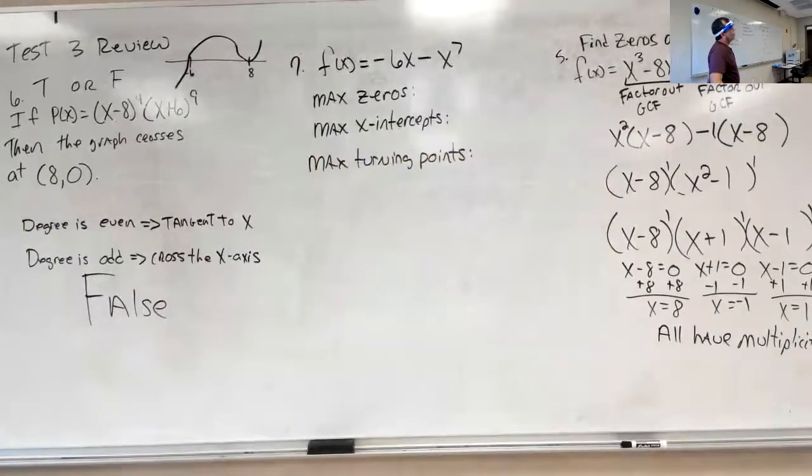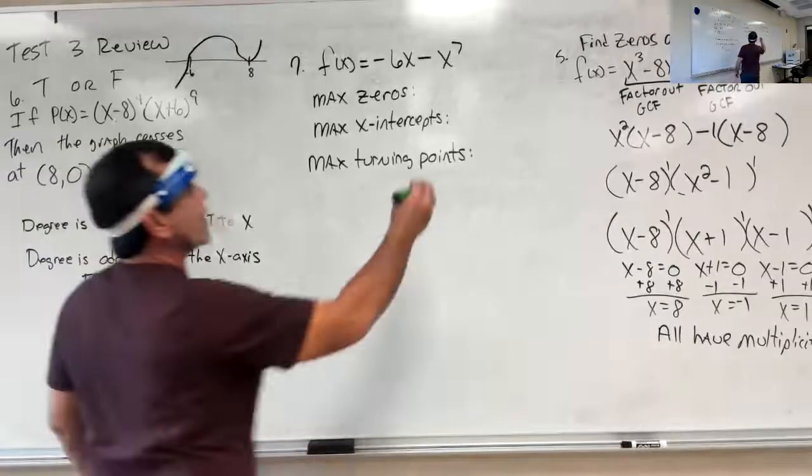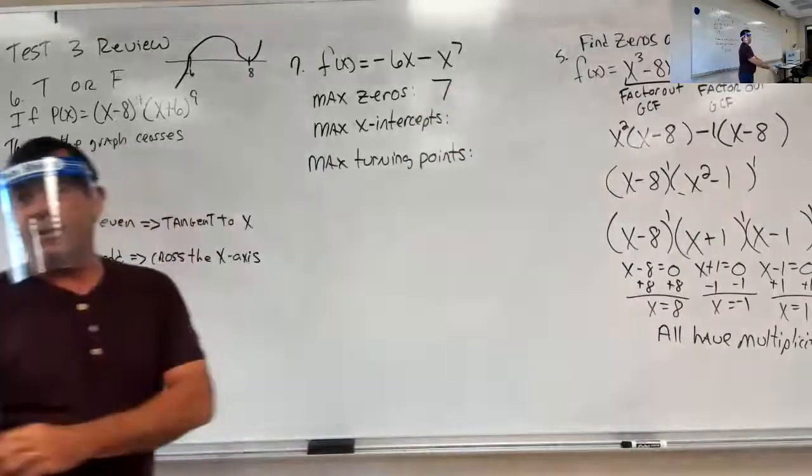Now, y'all have been through some of them 8.4 questions, and we learned in there definitely that the highest exponent or the degree is telling me how many zeros I can get at the most, right? So since that's a degree 7, the maximum number of zeros I can have is definitely going to be 7.